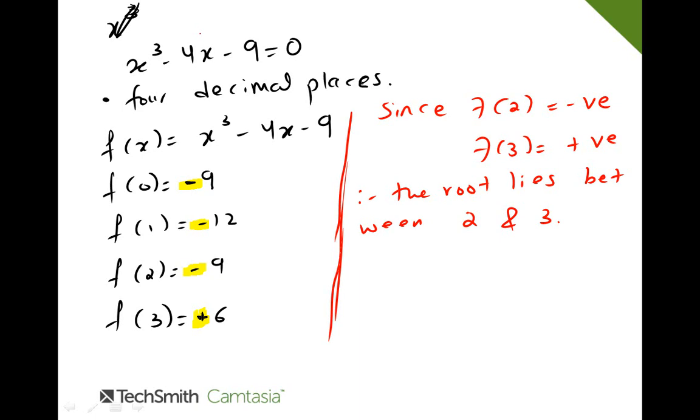Since f of 2 is negative and f of 3 is positive, the y is changed from negative to positive, then the x-intercept is between 2 and 3.